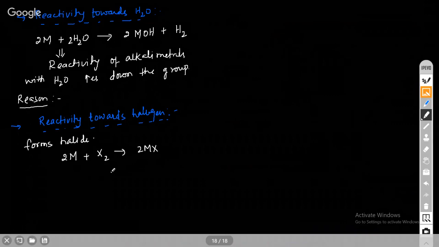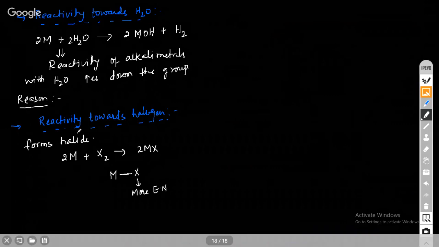See this metal and halogen bond, MX. Since the halogen atom is more electronegative, it has the tendency to drag the bond pair, the electron of the metal, towards its side. As we go down the group, ionization energy decreases, hence the bond formation is easier.